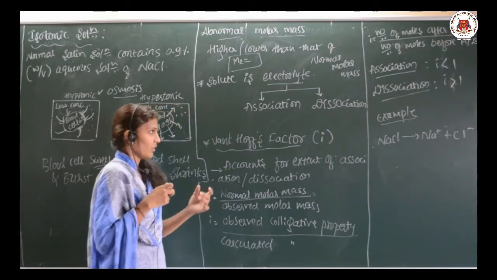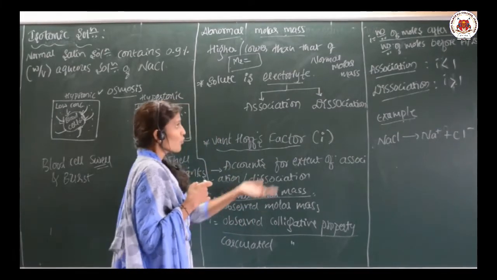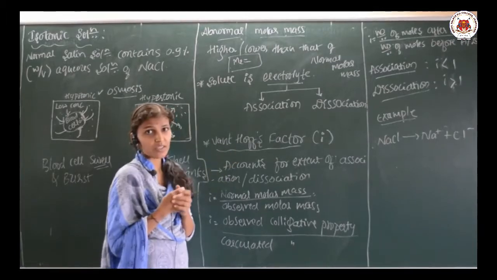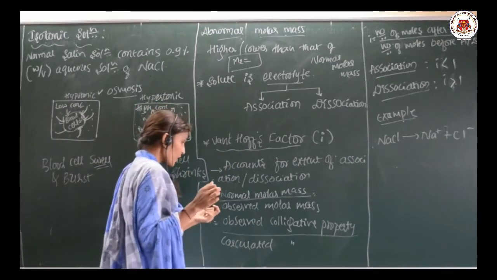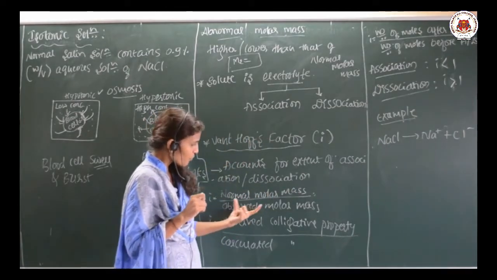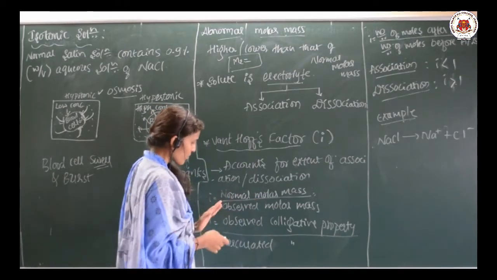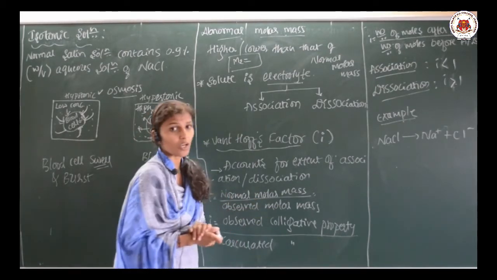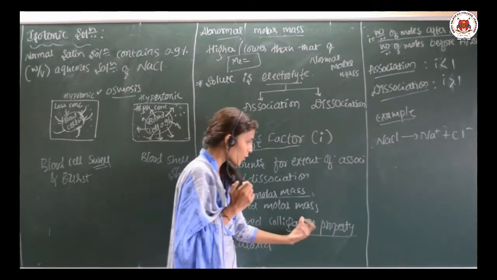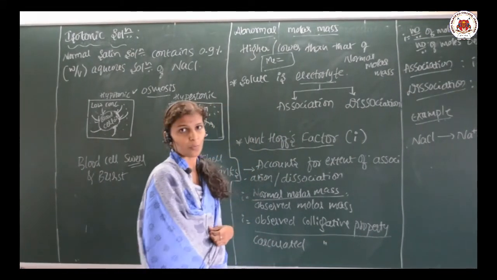Okay. And then the definition for the Van't Hoff factor can be given in a few formulas. It is always a ratio. Van't Hoff factor is the ratio of the normal molar mass and observed molar mass. i is equal to normal molar mass divided by observed molar mass, or else i is equal to observed colligative property divided by calculated colligative property.